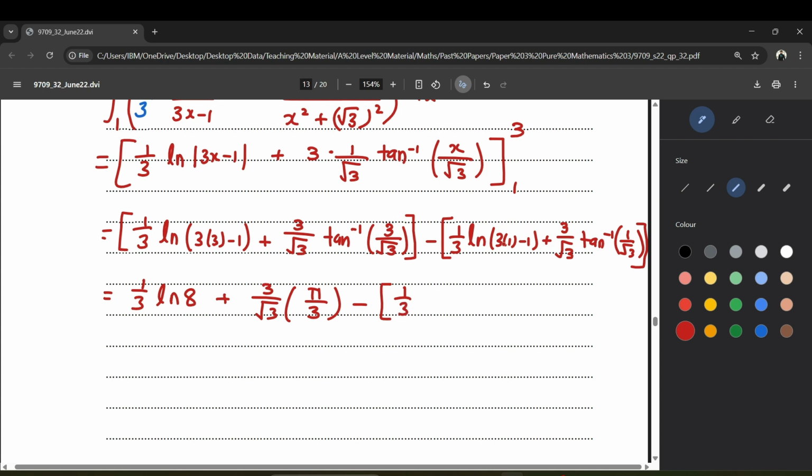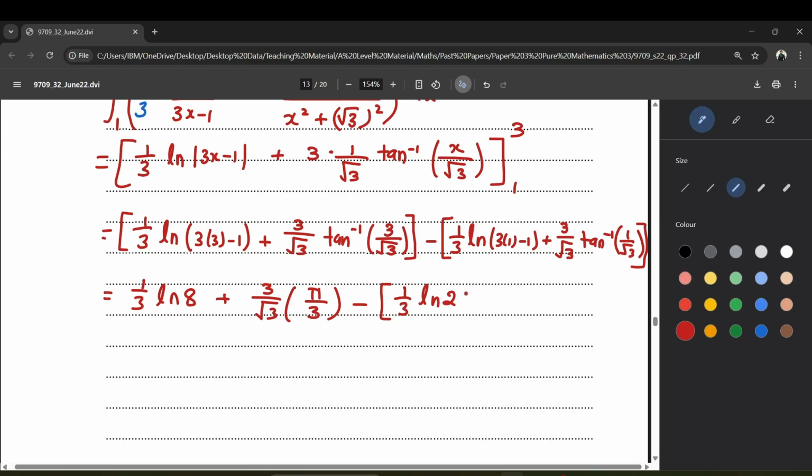Then ln 2 minus 1, so that is ln 1. Oh, sorry, my bad. This is 3 times 1, right? 3 times 1 minus 1, that is ln 2.